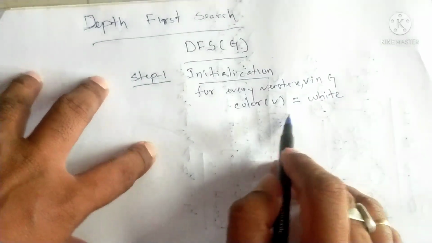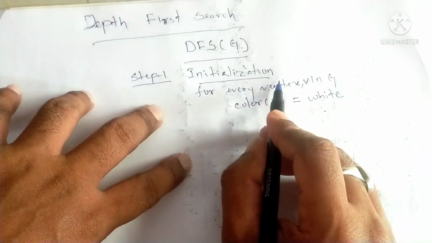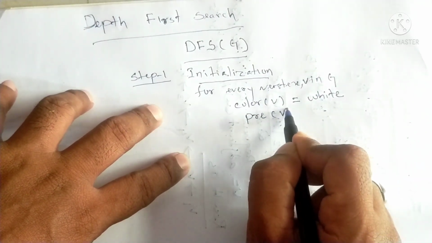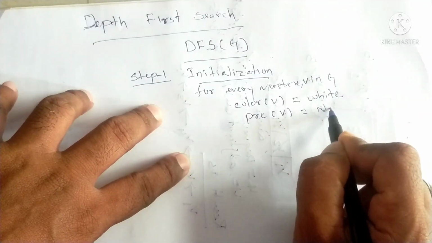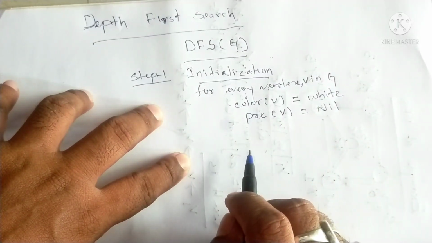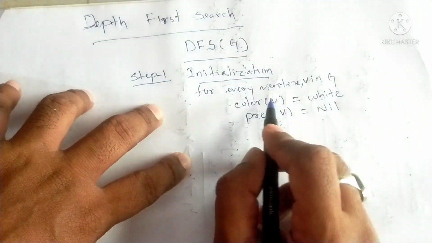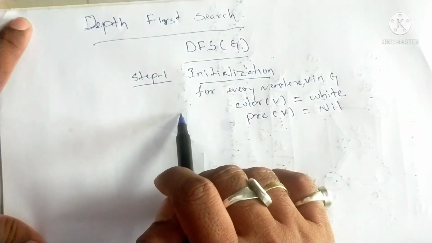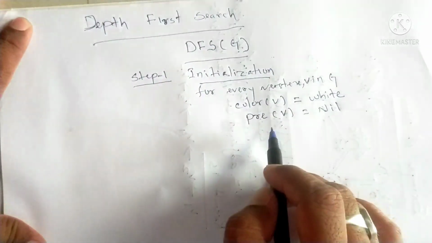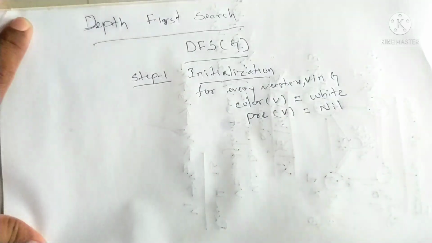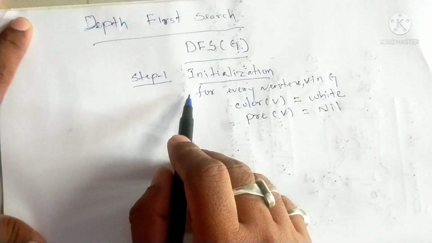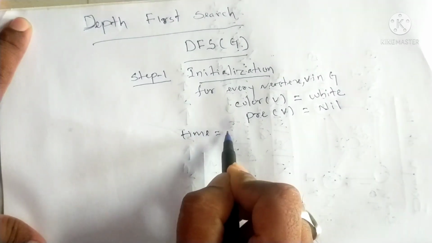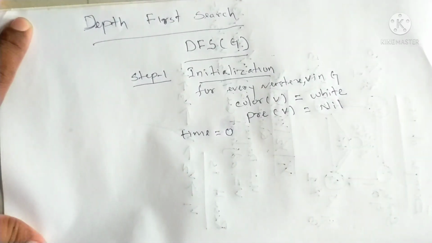Once you have assigned white color to every vertex, then assign the predecessor. I'm writing the predecessor of every vertex V as initially nil, and you are also going to use the timestamp in your depth first search. The time value will be assigned at the time of searching, and the time is initialized with the value 0.